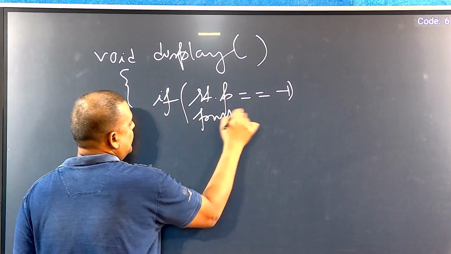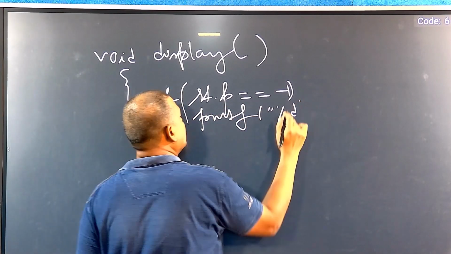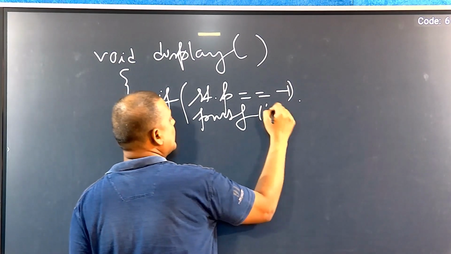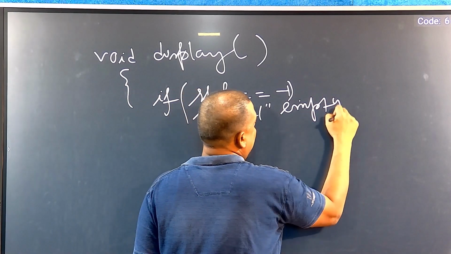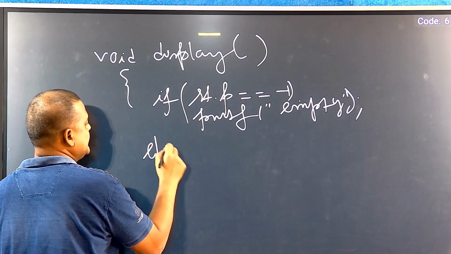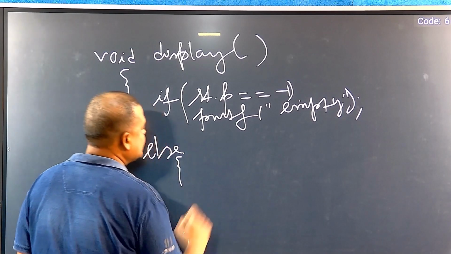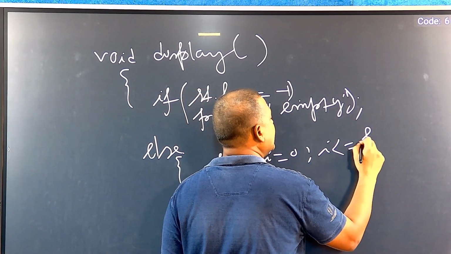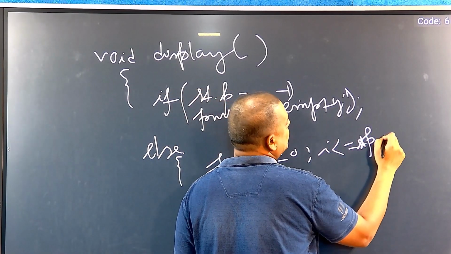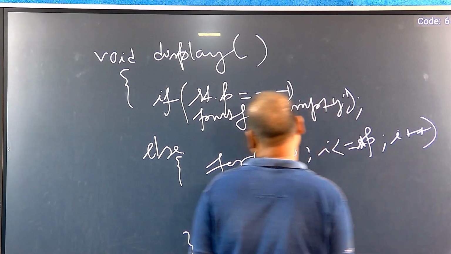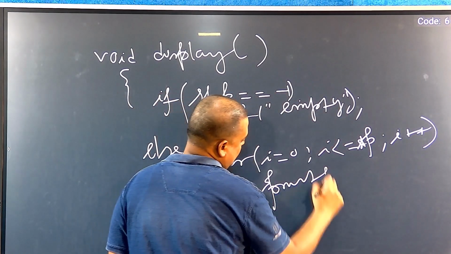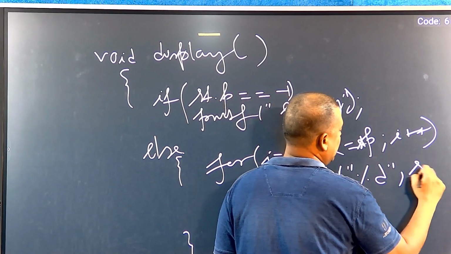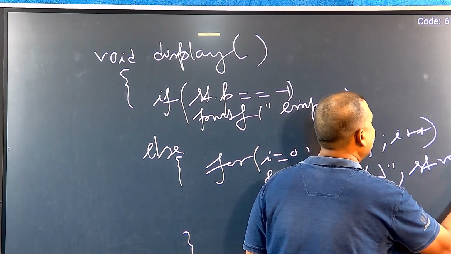So, printf empty, and in the else case we will write a for loop, i = 0, i <= st.p, and i++. Okay, and here we will print st.val of i.